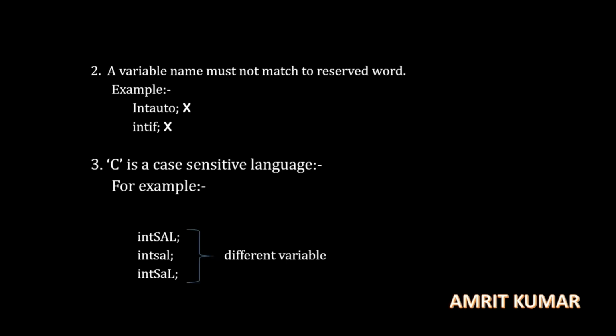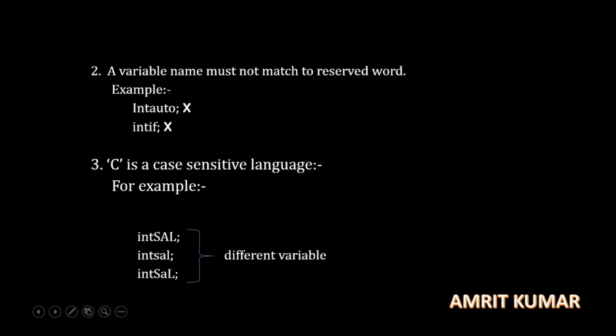Our second point tells that a variable name must not match a reserved word. For example, int auto: auto is a reserved keyword, therefore this is wrong. Int if: if is a reserved keyword, therefore it is a wrong variable name.